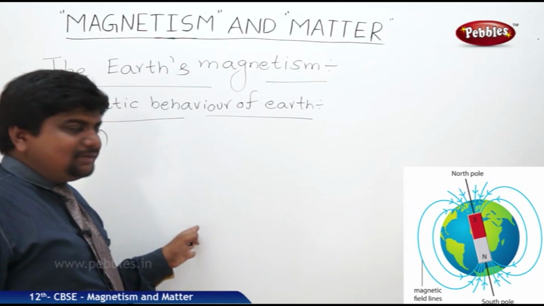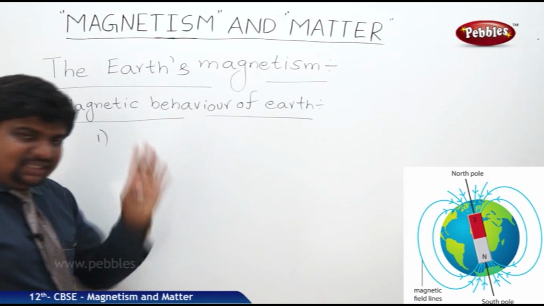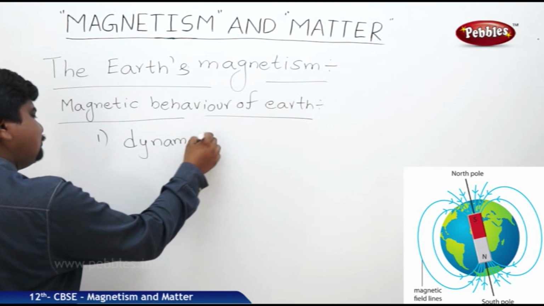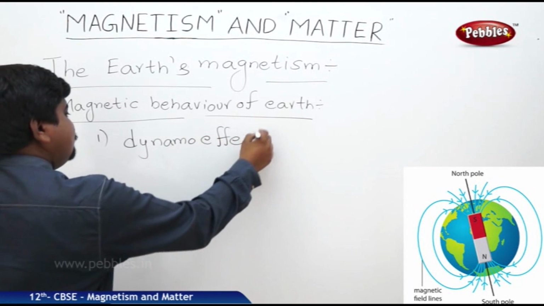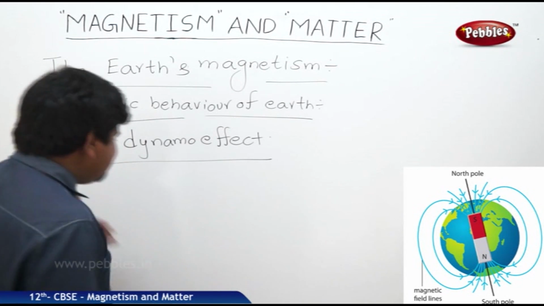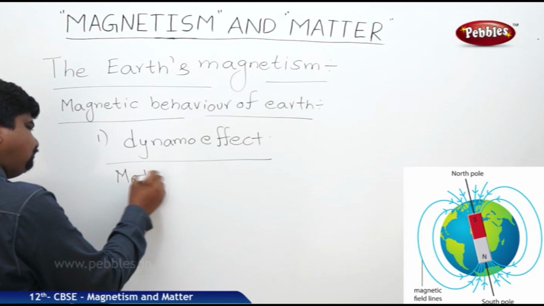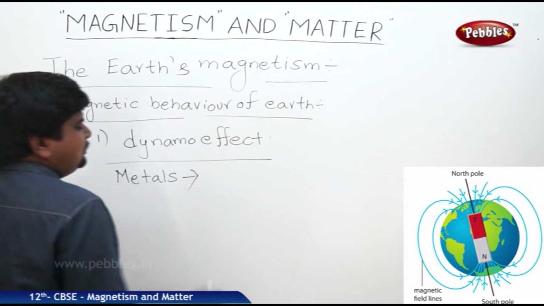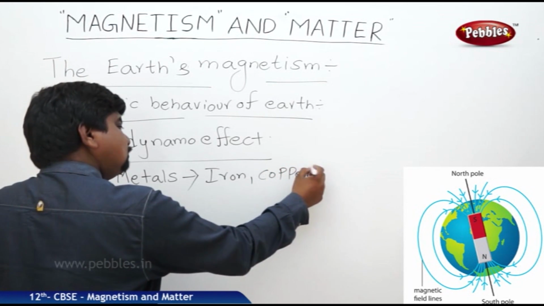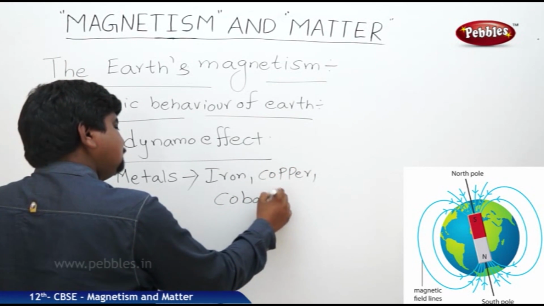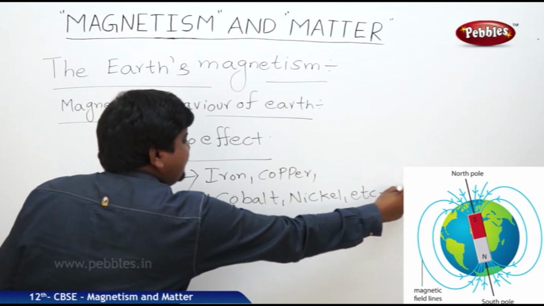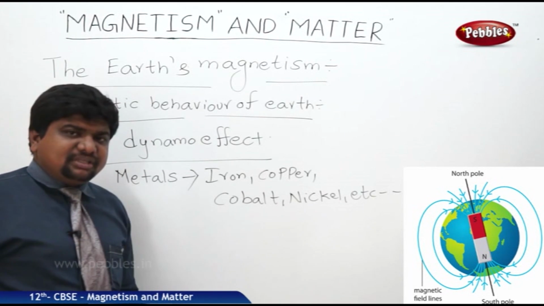The correct explanation about the magnetic behavior of Earth is the dynamo effect. What is the dynamo effect? Beneath the Earth, it contains metals like iron, copper, cobalt, nickel, etc. Many metals are there, hidden.